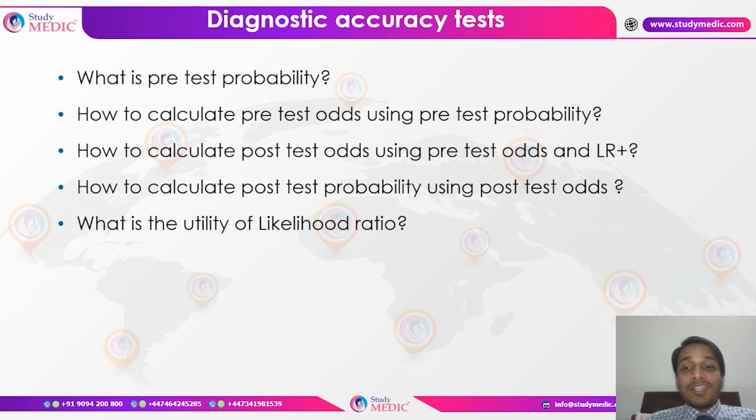Now such questions are also asked. Means before doing the test, what was the probability of having the disease? Now after doing the test with a particular sensitivity and likelihood ratio, what is the probability of him having the disease? Of course, it will increase.